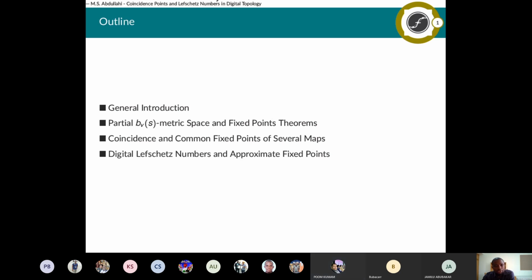Then I will discuss coincidence and common fixed points of several mappings, which is a study of coincidence and common fixed points on digital images. Lastly, the last part is about digital Lefschetz numbers and approximate fixed points.